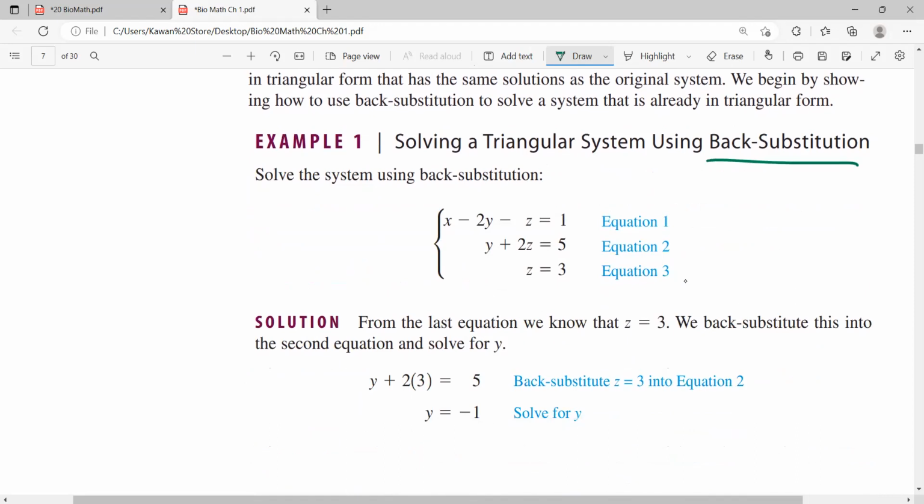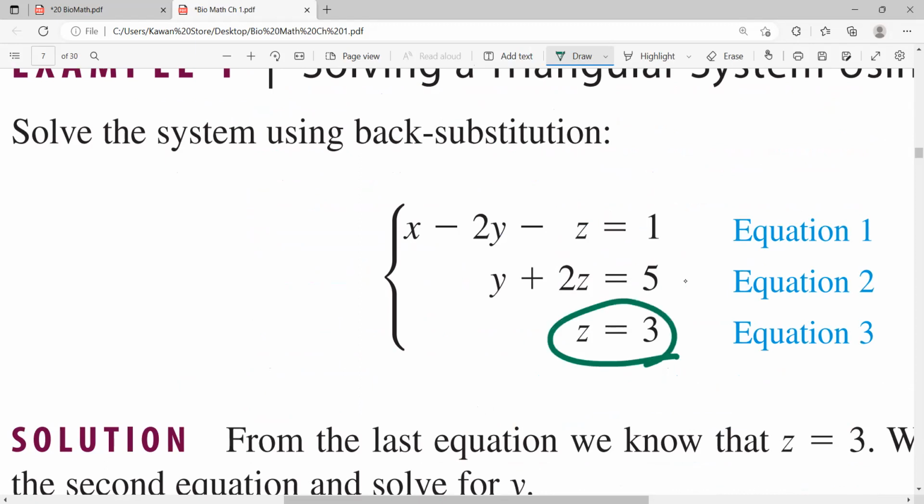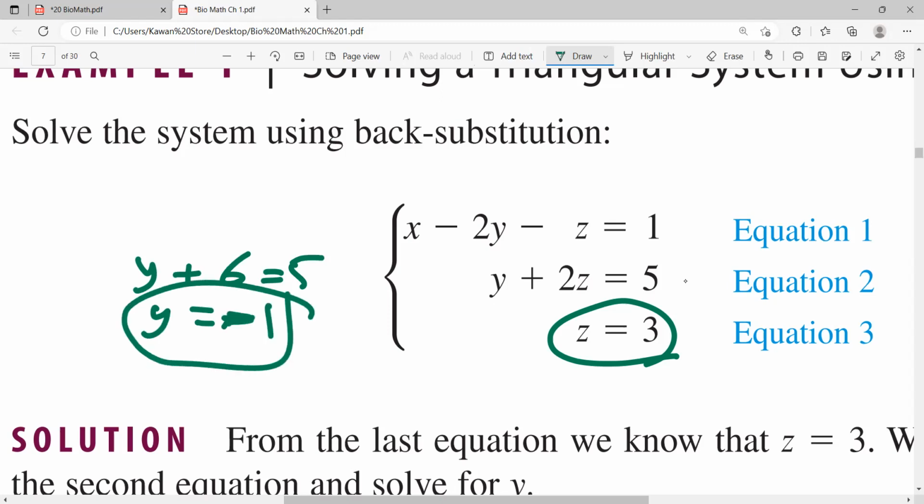For example, if you have something like that, I think it's easy, you can solve it, right? Even though it's 3 variables, z is given here, and y plus 2z is 5, so y equals minus 1. You can see that because it's a triangle, I can go up, right?